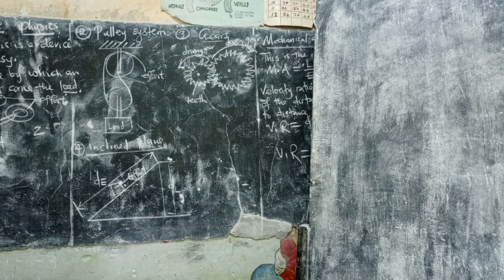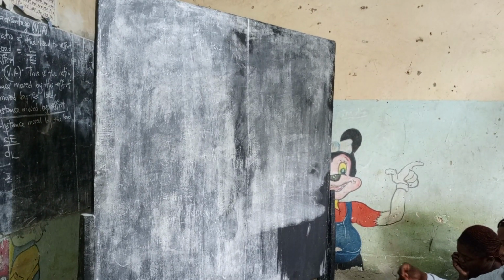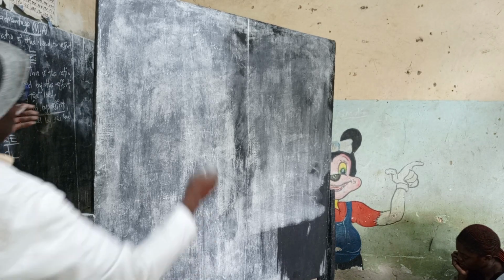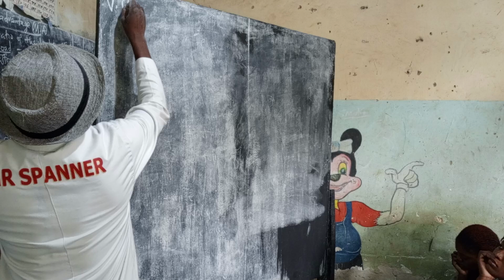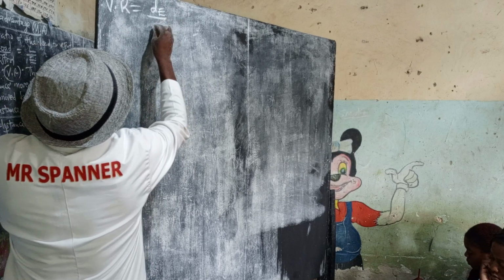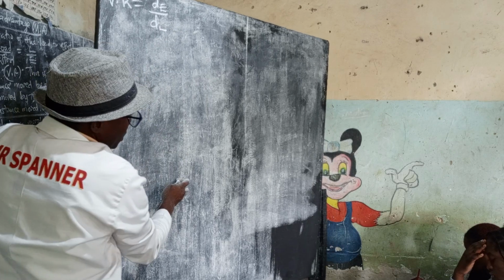Okay, now using this board here, I want to explain about the velocity ratio. I said the velocity ratio is equal to distance moved by the effort over distance moved by the load.